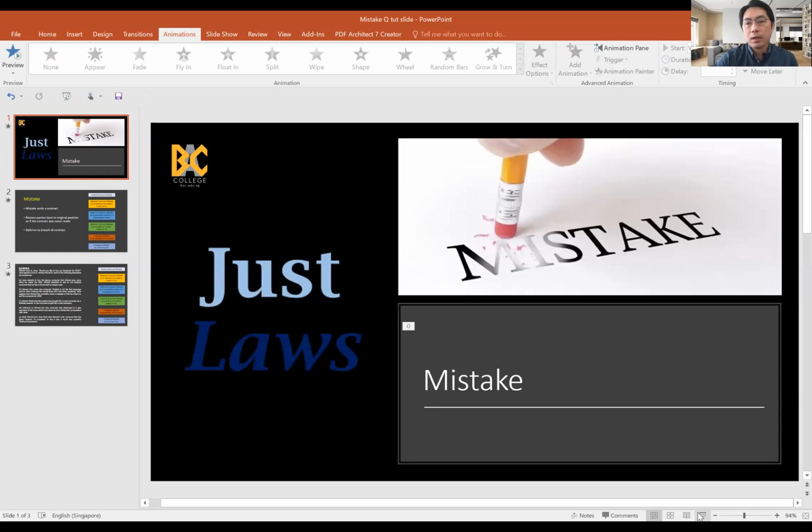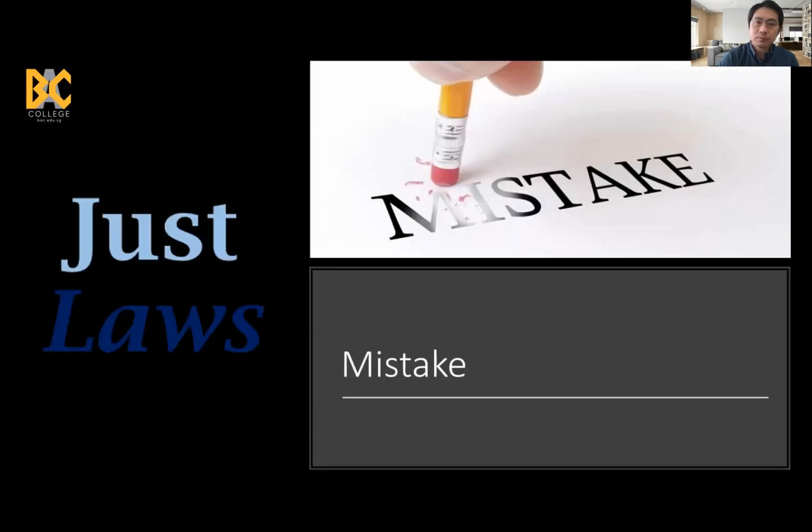And for purposes of even a law of contract examination, it is a fairly popular exam area where the examiner would want to see whether students are able to identify the different types of mistakes that have arisen and what would be the possible effect of mistake on the respective contracts. Allow me now to share my screen on some materials I prepared for this short session where we want to talk about mistake.